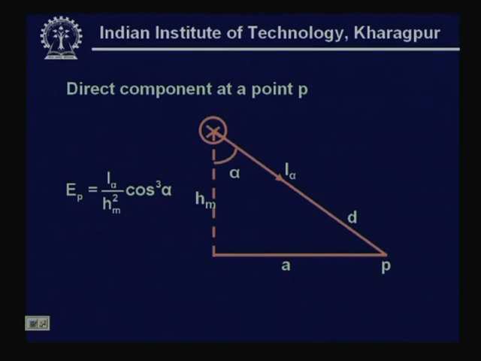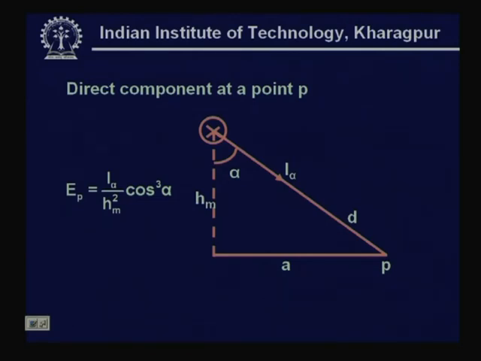Whereas at the point P, what is this I? It is the candle power or luminous intensity of the lamp. Now, if I had to look at the illuminance at point P, I would say I by d squared into cos alpha.